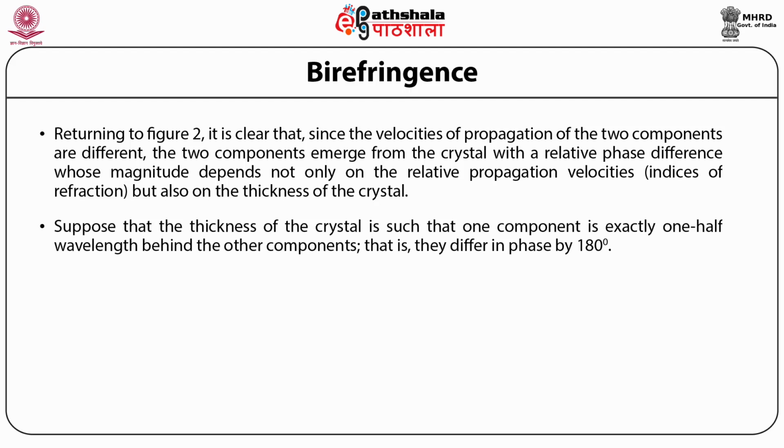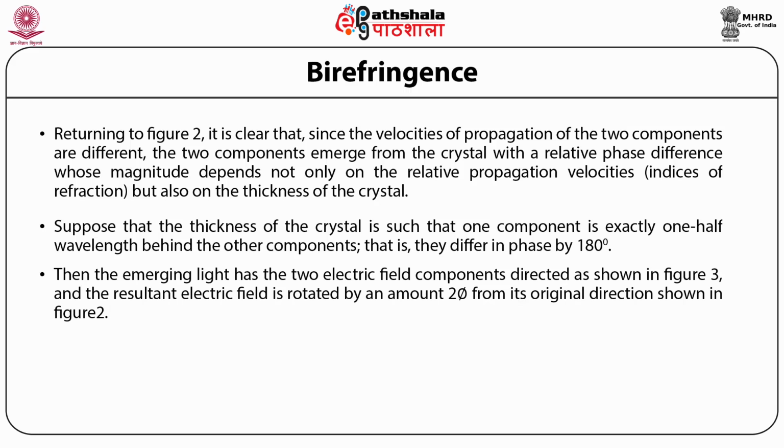Suppose that the thickness of the crystal is such that one component is exactly one half wavelength behind the other component, that is, they differ in phase by 180 degrees. Then the emerging light has two electric field components directed as shown in figure 3, and the resultant electric field is rotated by an amount 2 phi from its original direction shown in figure 2.